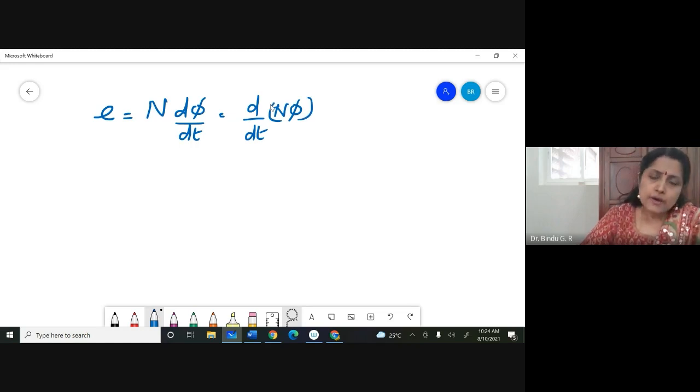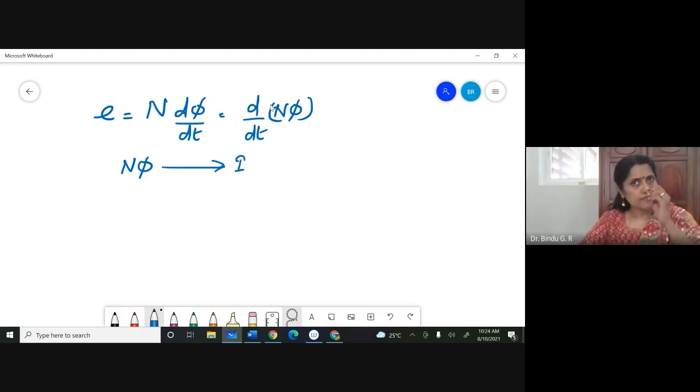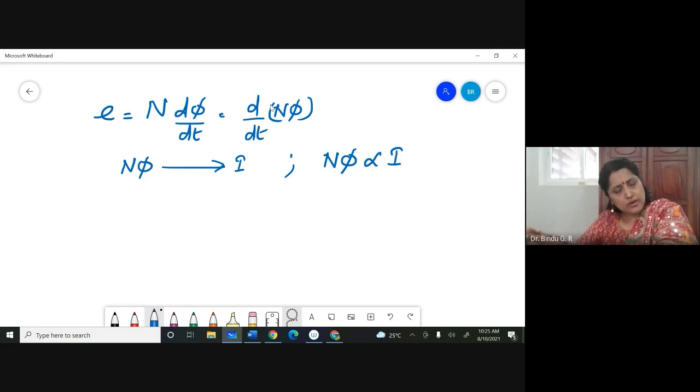Now, this N phi is produced by what? The current, isn't it? When you pass a current through a coil, you get a flux. When you have N number of turns, you have N phi flux. So I can always write N phi is proportional to I. Whatever current I pass through the coil, a proportional flux is produced.